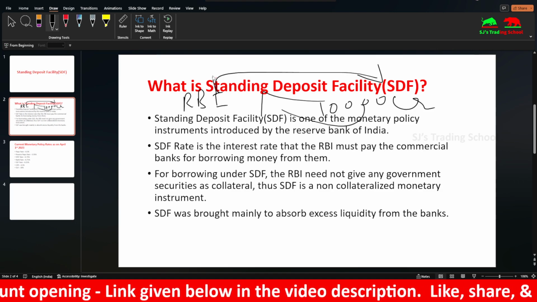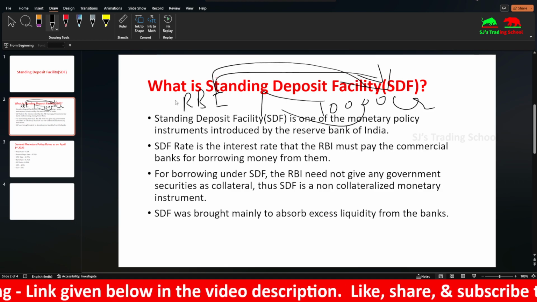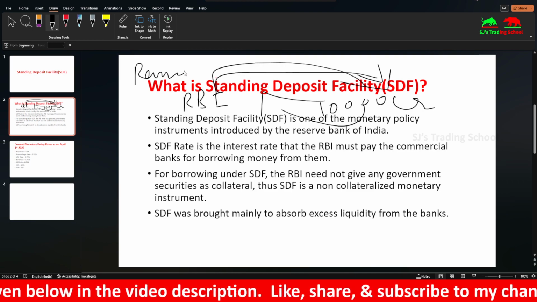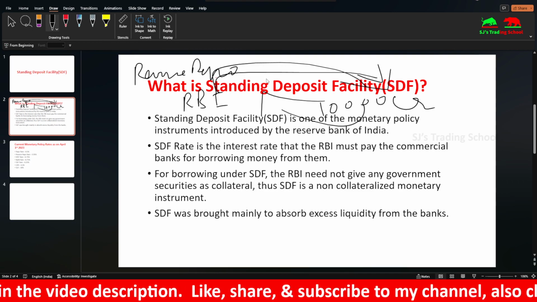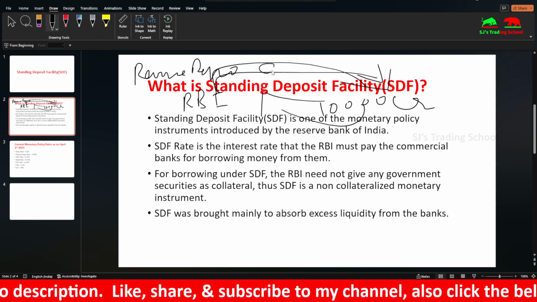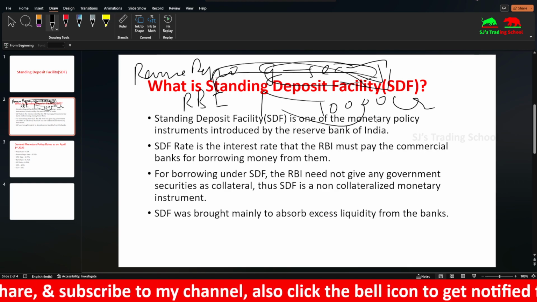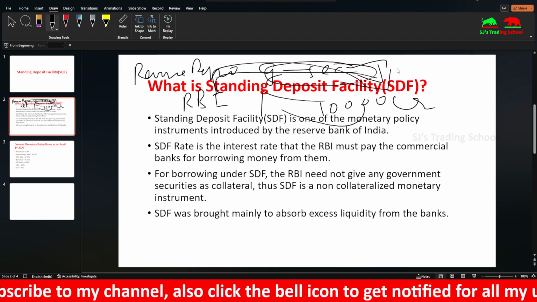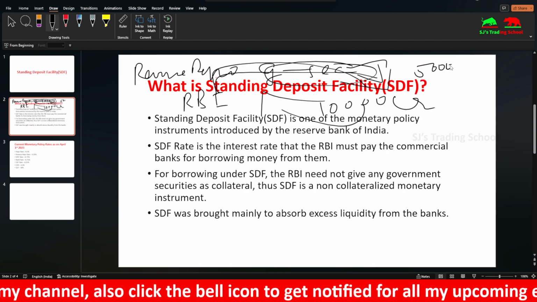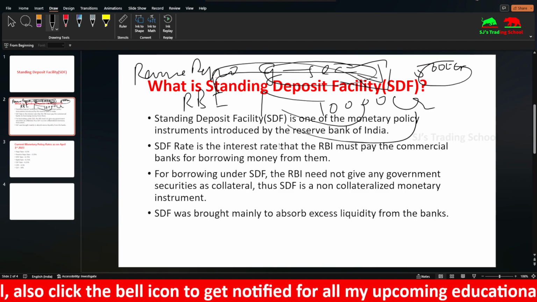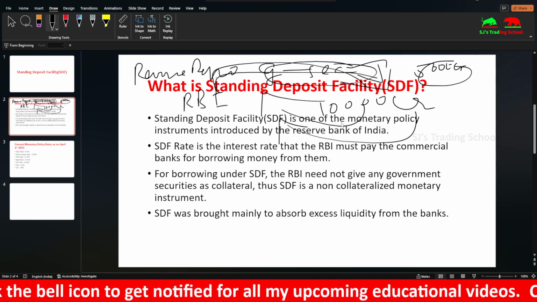So the difference is, in case of reverse repo, the RBI must have 10,000 crore worth of government securities, G-secs. If it doesn't have them, it can't borrow. If the RBI has only 5,000 crore worth of government securities, then it can get only 5,000 crore from the banks.